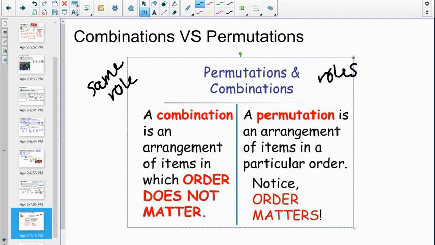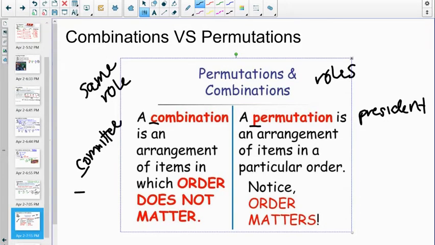Remember, combinations are the committee type problems. Think committee, combination. Think permutation, president. Those president type problems with the different rankings. So combinations are when they all have the same arrangement, the same role.